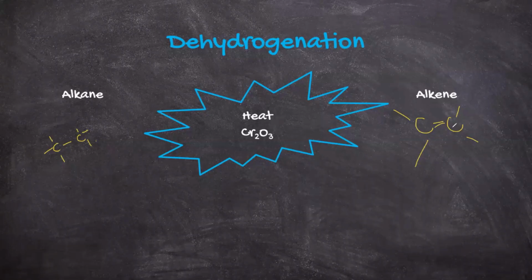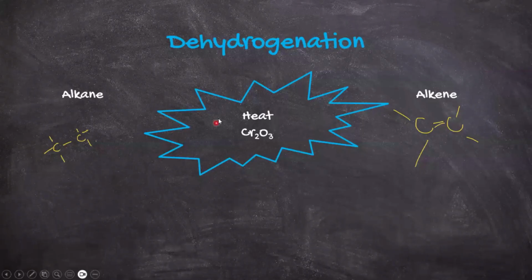Now, to do this, we are going to need some heat. Heat is a common trend in most of these reactions. Not all, but most have heat as a requirement. And this one has a catalyst as well: chromium oxide, Cr2O3.